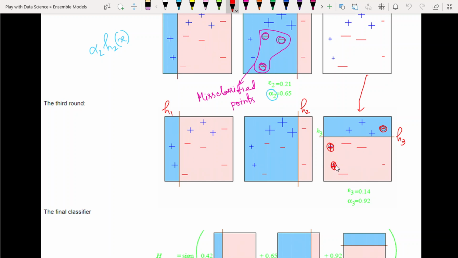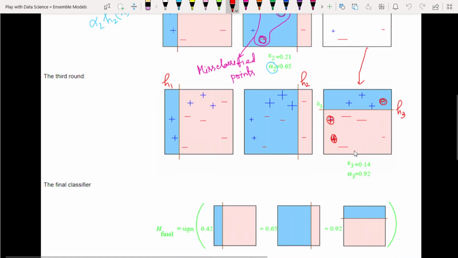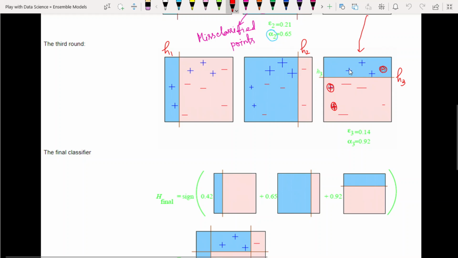These 2 positive points are taken care of by the H1 model, and these negative points are taken care of by the H2 model. So all the points are correctly classified. According to the accuracy of H3, we decide the alpha 3 weight value of this model, alpha 3 H3.